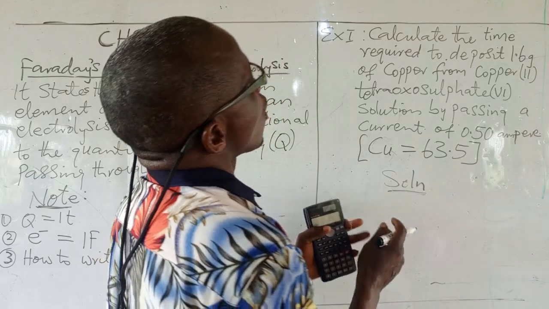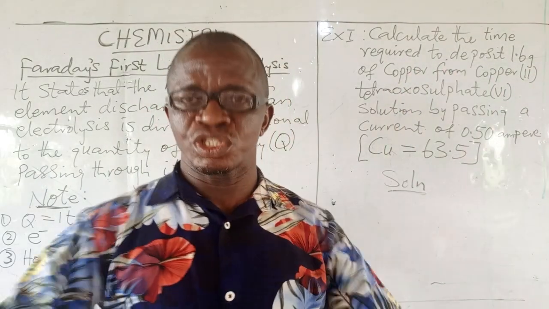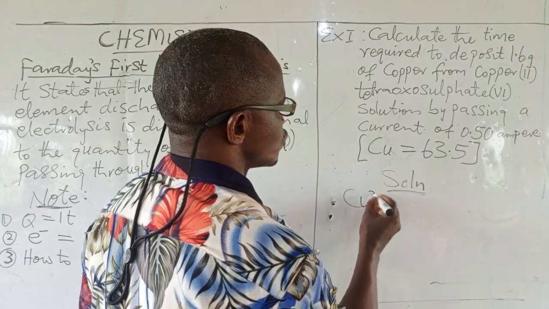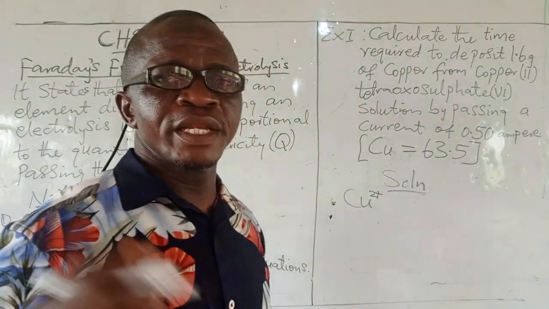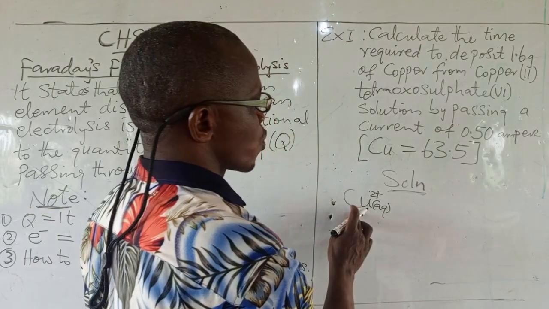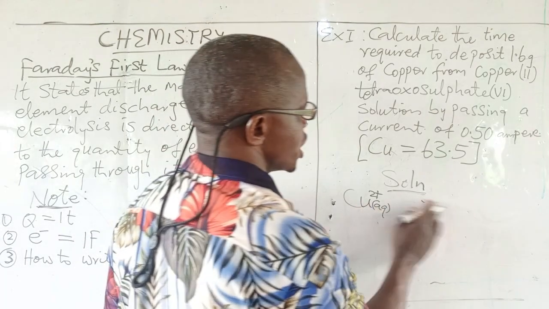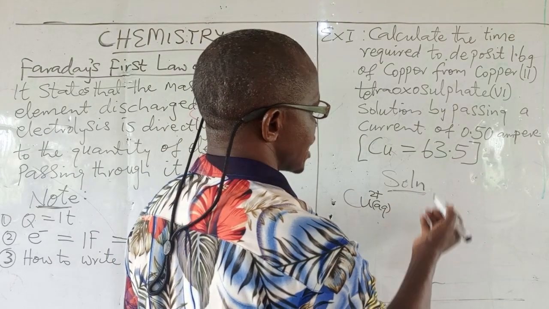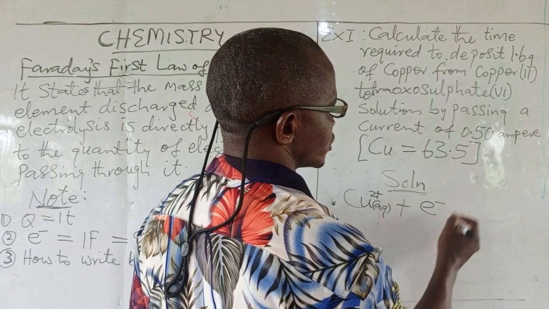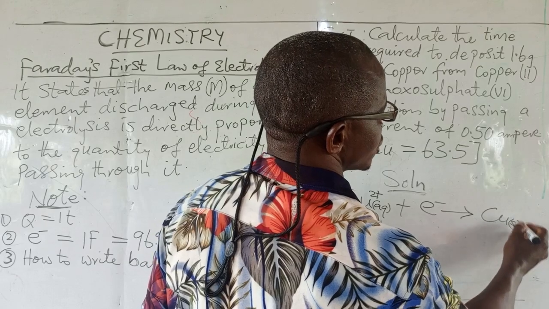Since they said copper deposited, that means the copper was in the solution, which is Cu2+. Remember that when it is in the solution, it carries that charge, aqueous. Now, coming out from that solution, it has to collect electron. e minus is electron, to give you Cu solid.